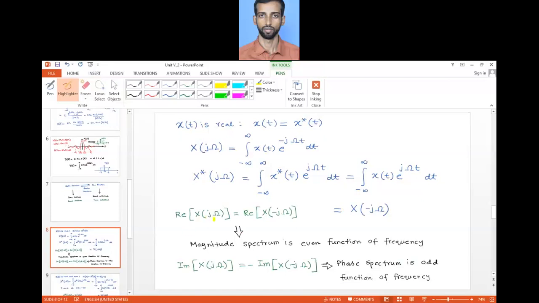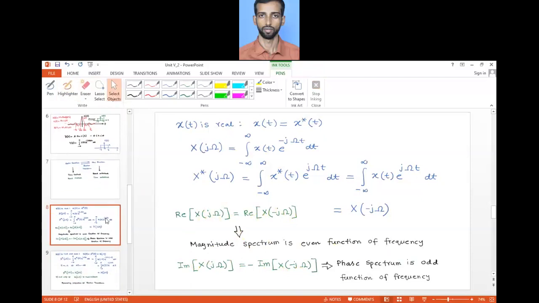So therefore, the real part of X(jω) is equal to the real part of X(-jω), which suggests that the magnitude spectrum is an even function of the frequency. And the imaginary part of X(jω) is equal to minus the imaginary part of X(-jω). That means the phase spectrum is an odd function of the frequency. Now that is true when the signal is real in nature.